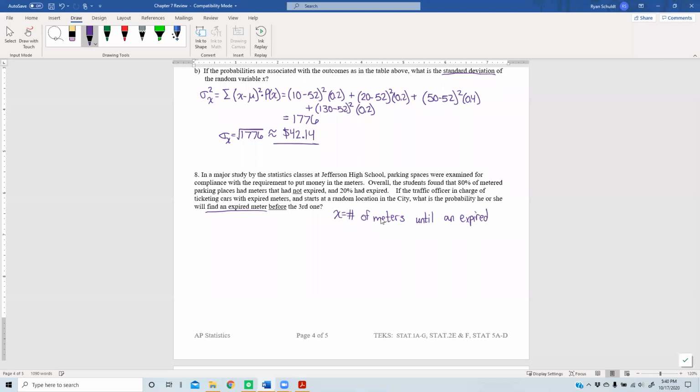So that means this is a geometric distribution.